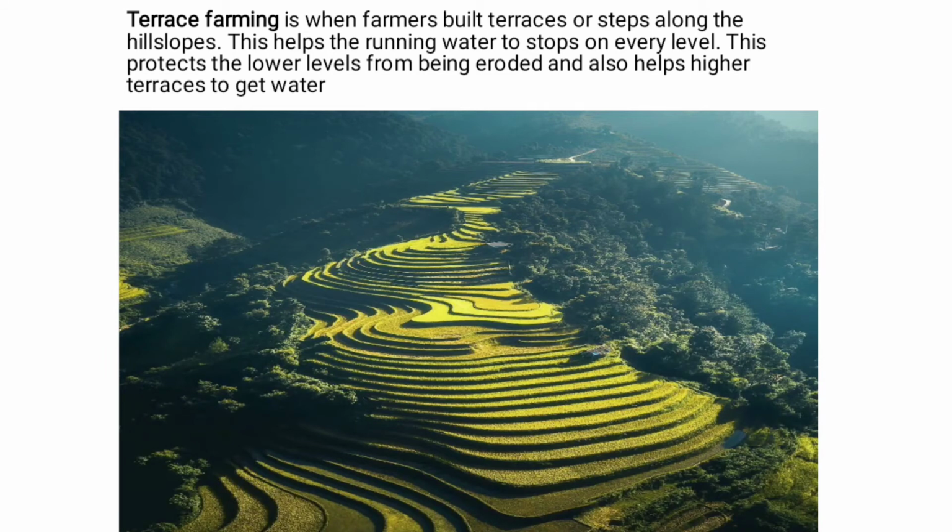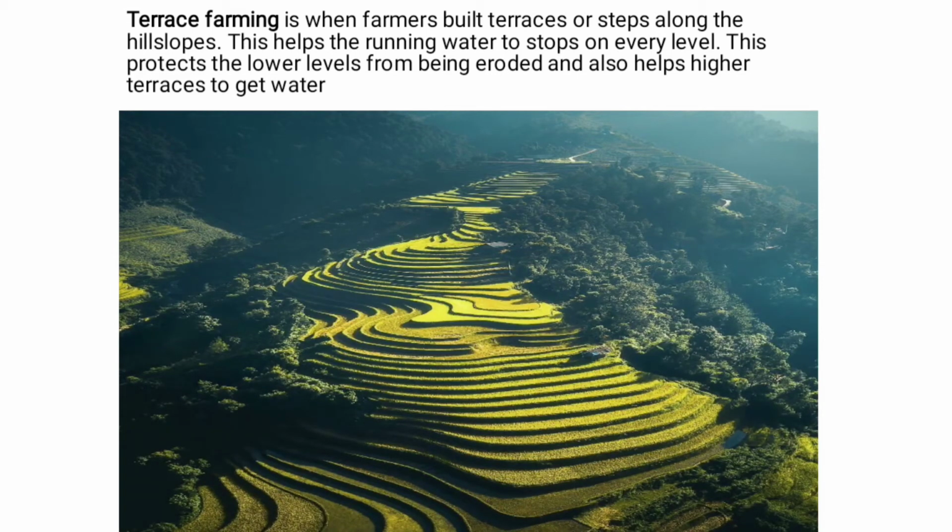So how does terrace farming help control erosion? Terrace farming helps the running water to stop on every level, and by creating steps or terraces, the farmers not only control the flow of the water, the force of the flowing water, but in the process, when the water flows down this slope, the water gets collected in each and every step.